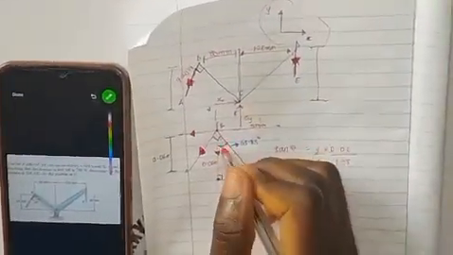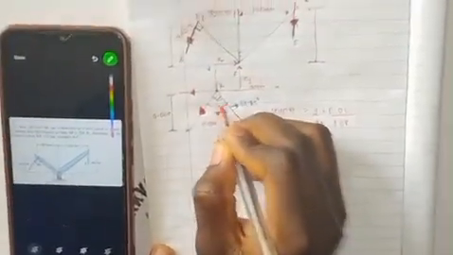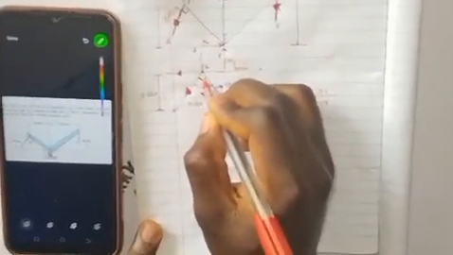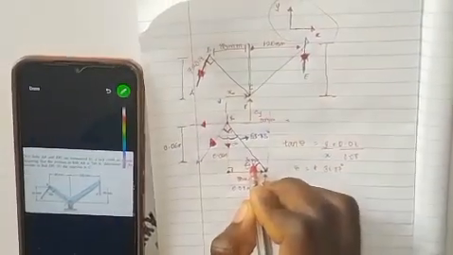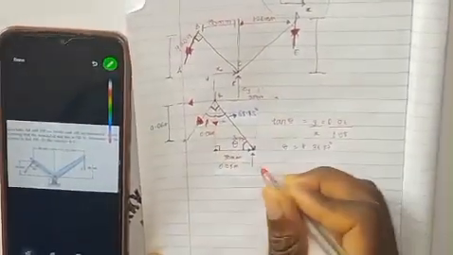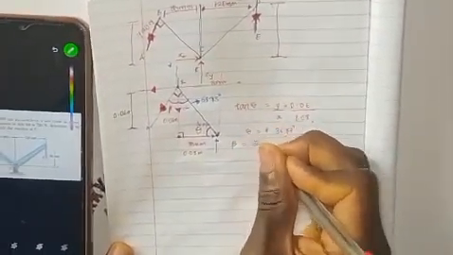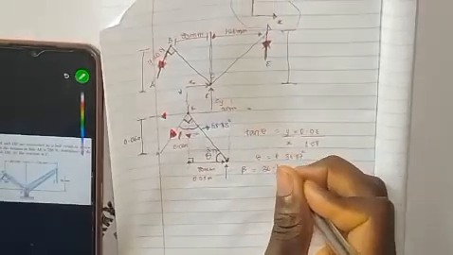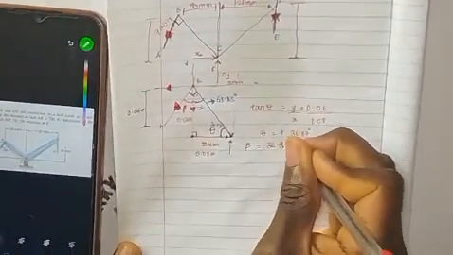If this is 53.13 degrees, here will be, since don't forget according to the question they say here is 90 degrees, so here will also be, let's call it beta. Our beta is equal to 36.87 degrees.